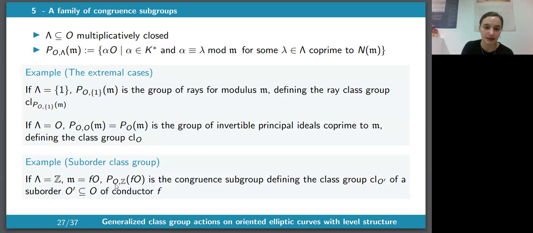Then the congruent subgroup that we end up with is the one that defines the class group of O', being a suborder of conductor f of O.